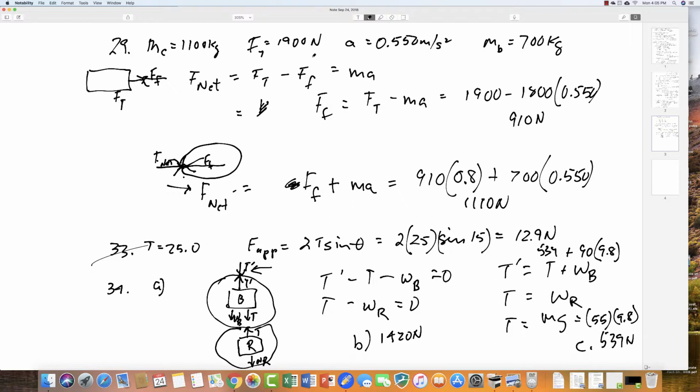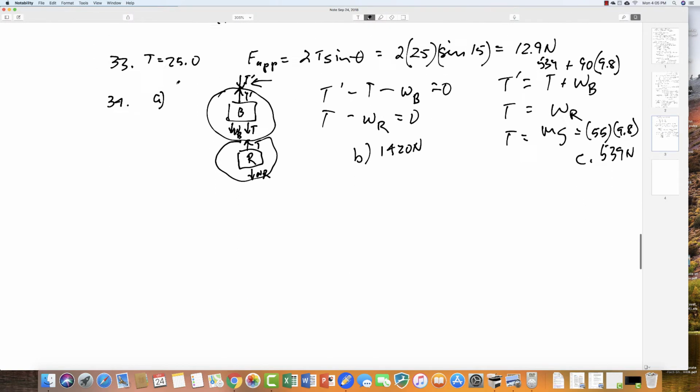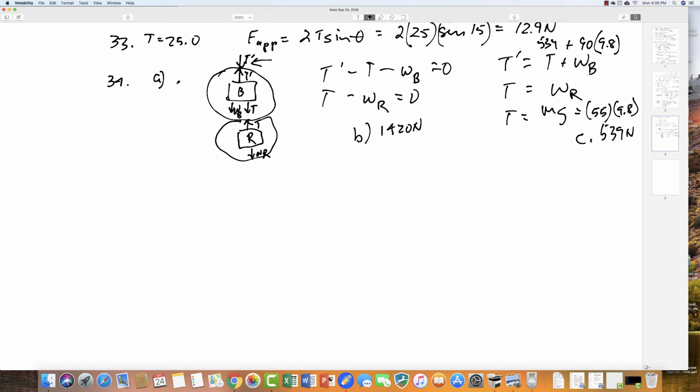Number 33 states the following. It says, what force is exerted on a tooth if the tension on the wires is 25 newtons and the angle is 15 degrees?